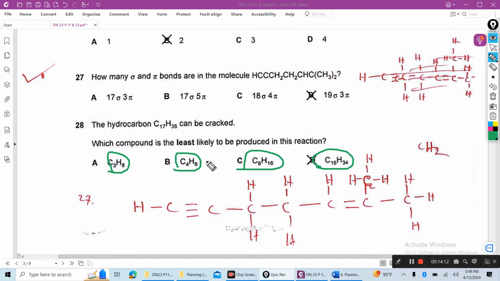Why? Because 16 carbon, 36 hydrogen, 34, only a CH2 group is lost. So a CH2 group is least likely to be lost. It may lose propene or butene or hexene, this type of molecule.